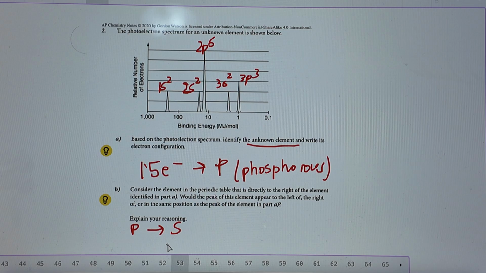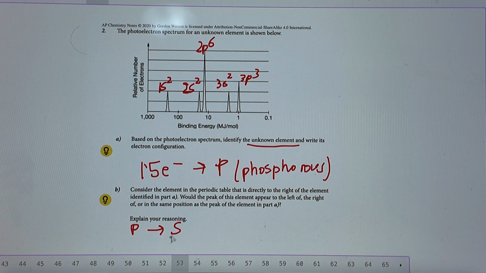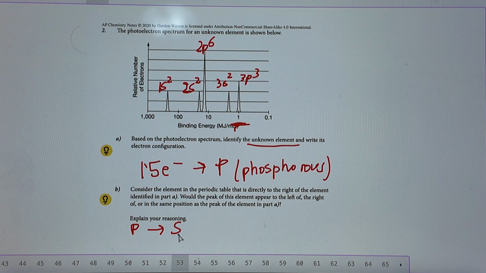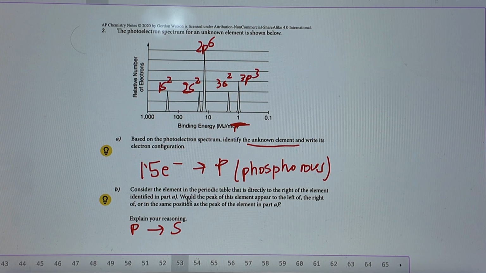And so the peak here, I think this is the peak that they're asking about. This is the only peak that would be different. This S would have just as many electrons, it would just have one more electron, right?